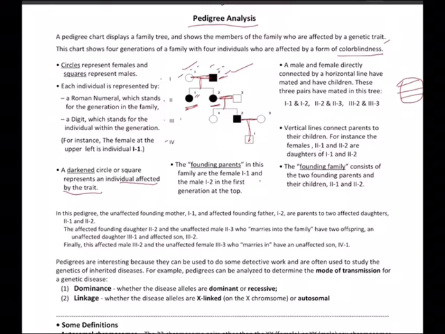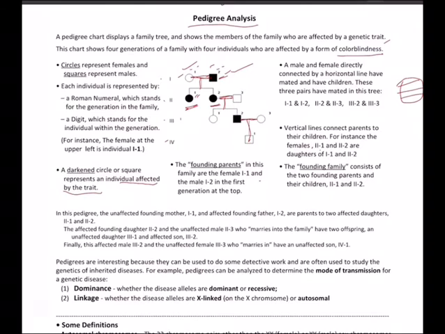That means it is a carrier. That particular individual is not affected with the disease, but is carrying the gene for causing the disease. So vertical lines and horizontal lines give a tree.